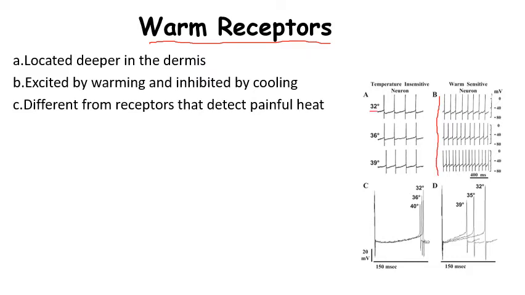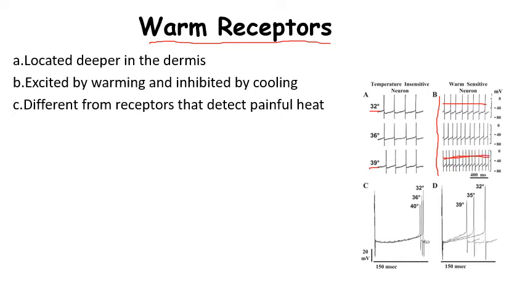So you can see at 32 degrees, the frequency of action potentials in the sensory neuron is much less frequent. But when we increase up to 39 degrees, you can see the difference. The frequency of action potentials in those neurons that contain the warm receptors is much greater.